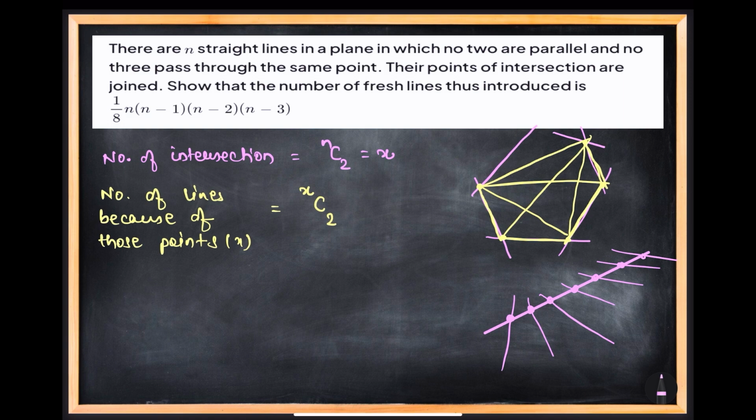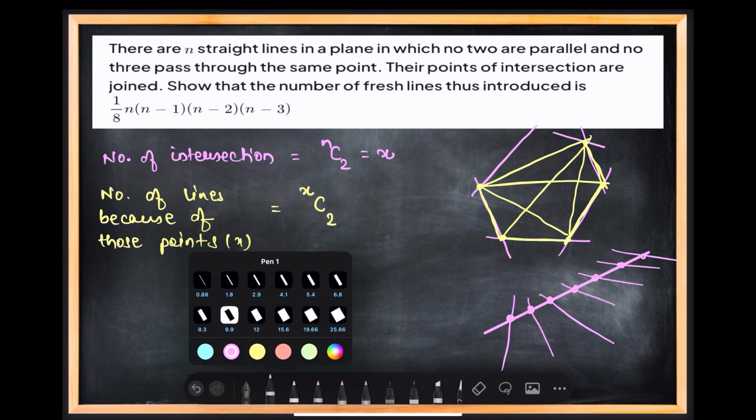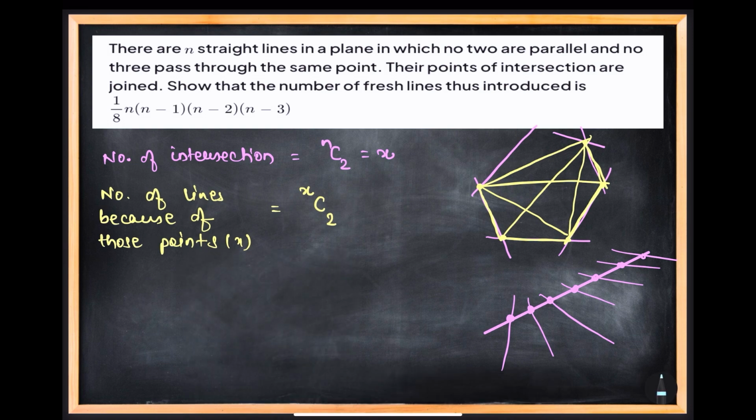Now look at this. What I am trying to do, just try to understand. The required number of fresh lines I'm talking about. So from all lines xC2, I will remove, look at this. Because of line 1, you will have how many points? n minus 1 points.